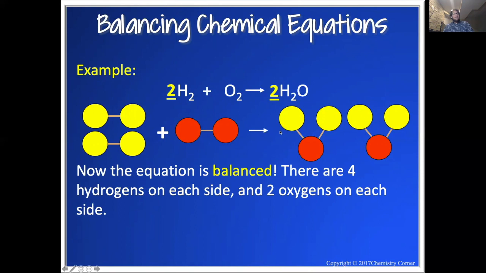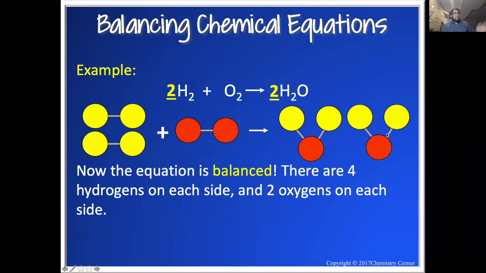And then I know that I have enough of each of the reactants to make 2 water molecules, right? And realize that these bonds here are breaking in a chemical reaction. So these 2 oxygens aren't connected anymore. Once they become these water molecules, these 2 oxygens break up, and then these hydrogens break up, and then they make their new connections to make water molecules, right?